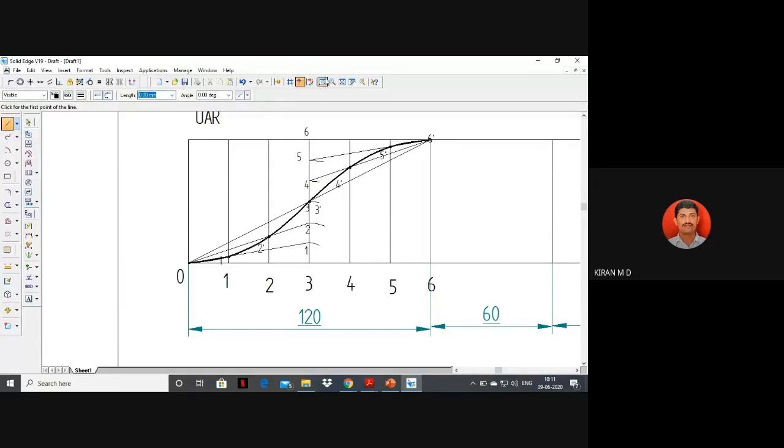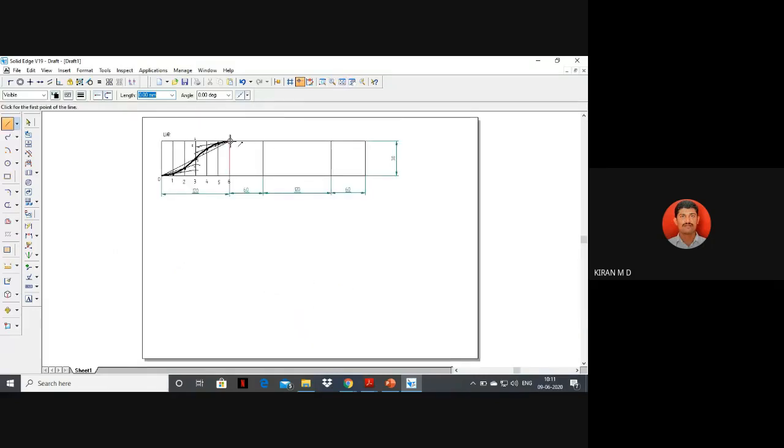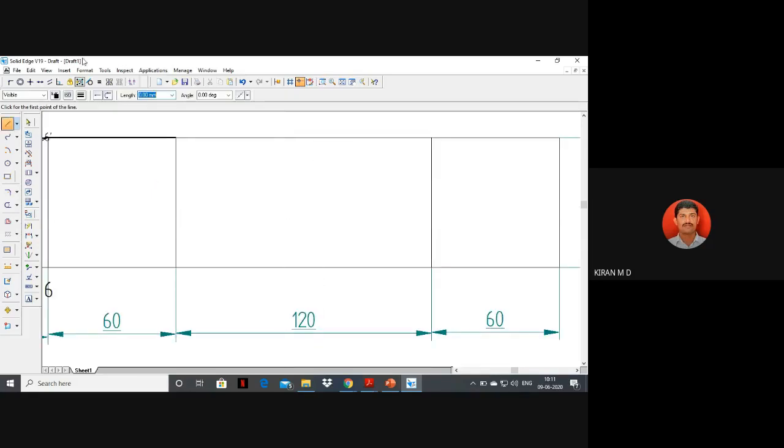So now from this point to this point is same here only. Now again I will draw this uniform acceleration and retardation for the return also. Same thing, you follow the same procedure, you divide into 6 parts.